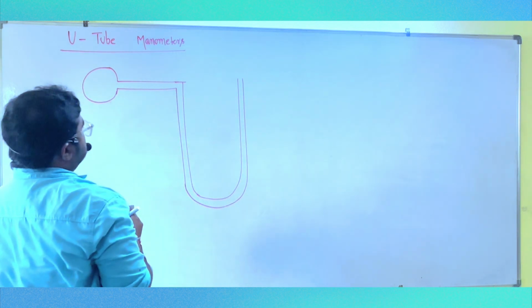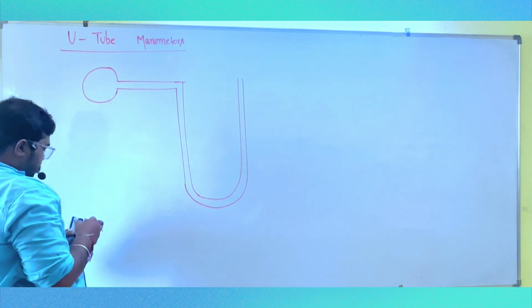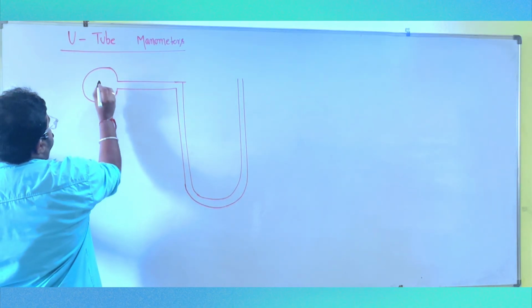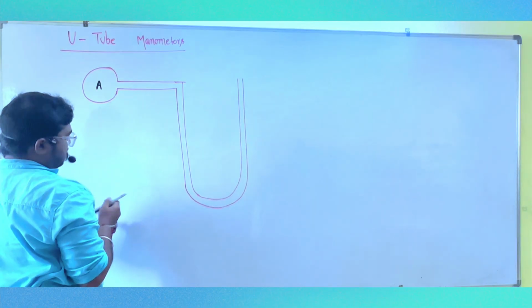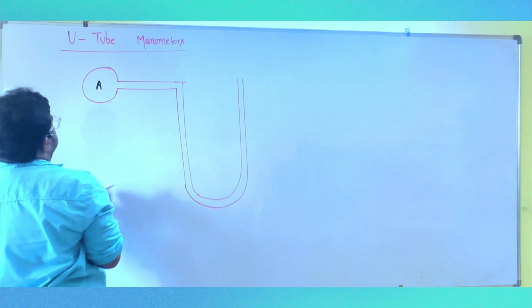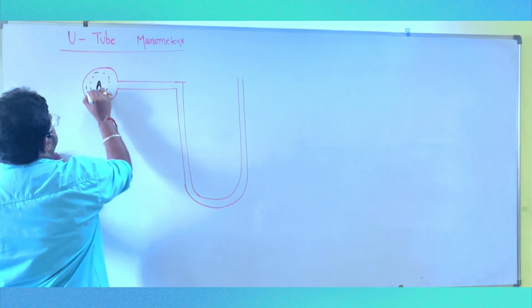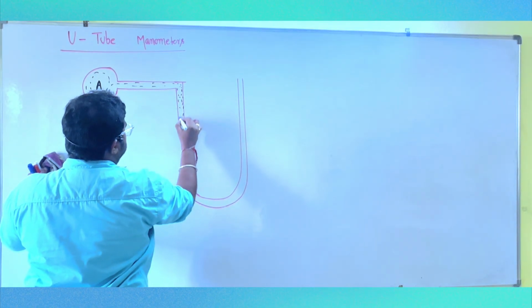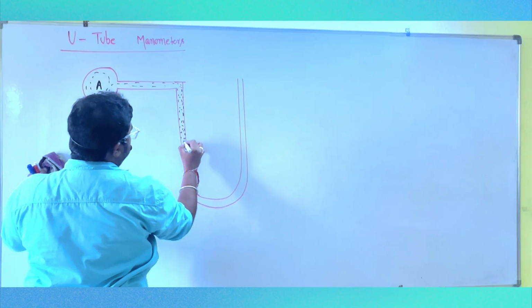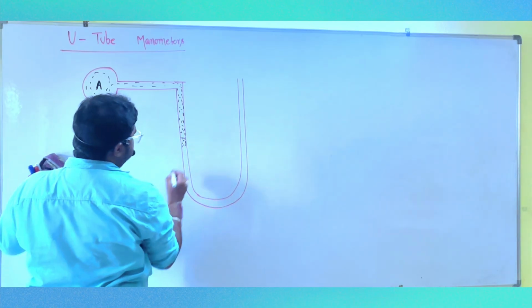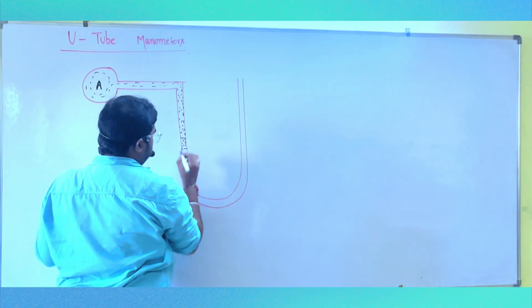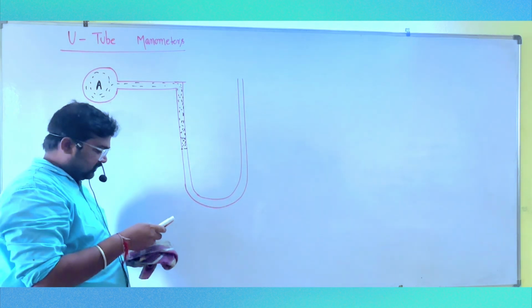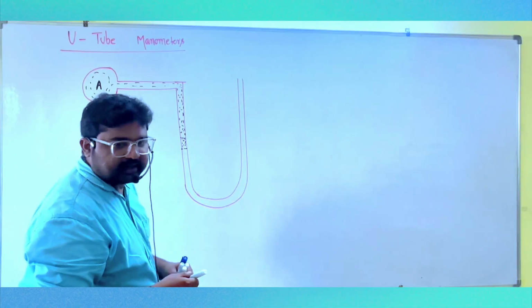In this case it is water. Here, pressure at a point A. Take water; this is the water, the working fluid. Then the manometric fluid, green color.